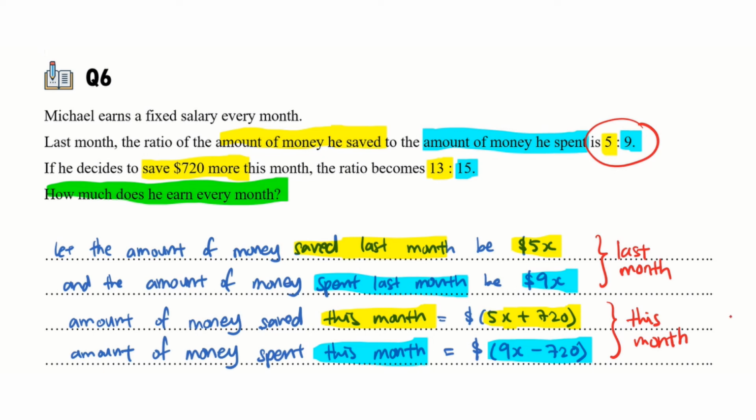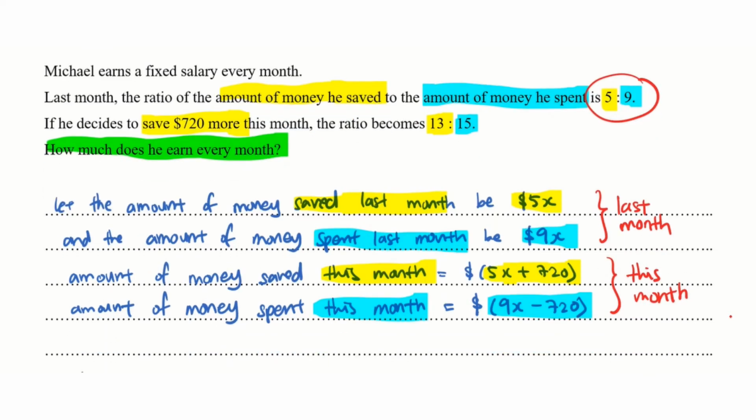Now, the only information that we have not yet used is this ratio 13:15. Since we already know how much he has been saving and spending this month, the ratio of 5x plus 720 and 9x minus 720 needs to be the same as 13:15.